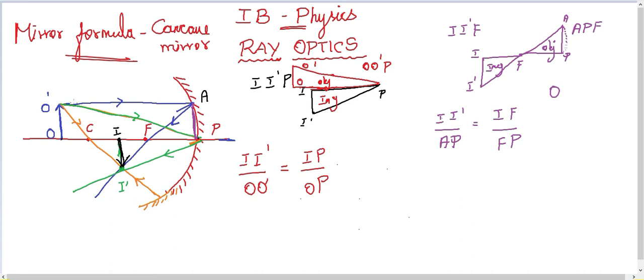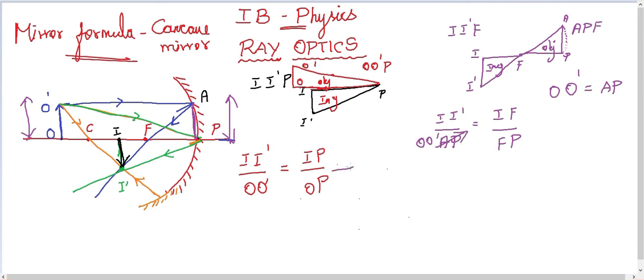These two distances will always be the same. So OO dash is equal to AP. So instead of AP, I can write OO dash here. So this can be replaced with OO dash.